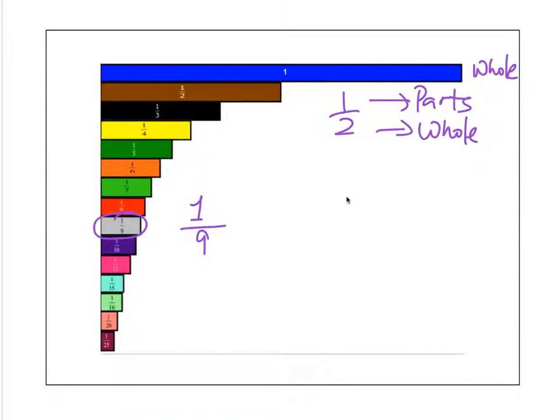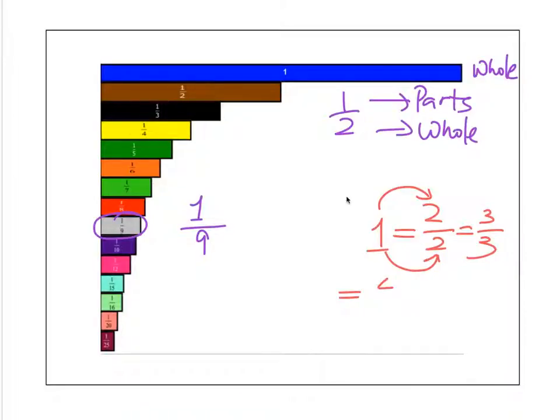And another concept I want you to pay attention to, notice that the 1 can be rewritten as 2/2. In other words, I split the 1 into 2 parts. But if I take 2 parts out of the 2 parts, didn't I take the whole 1? So that's what 2/2 means. Same thing with 3/3.